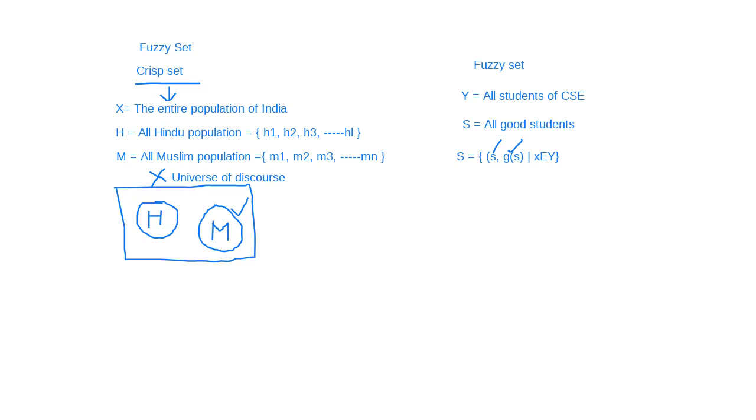For example, S is equal to Rajat, 0.8, then Sumit, 0.1, and then Salman, 0.7, and so on.